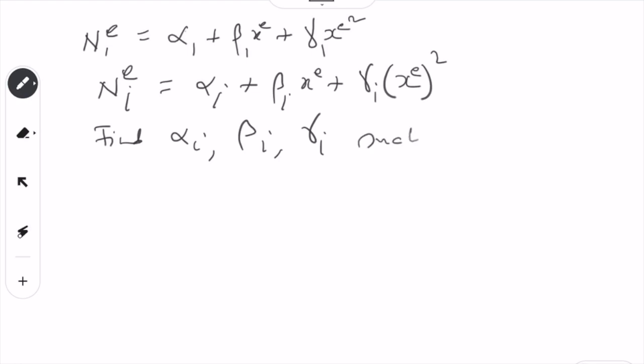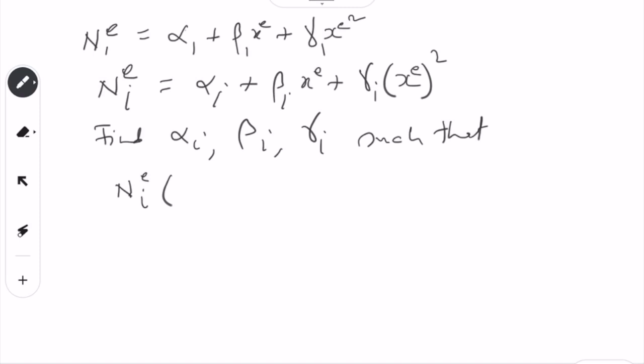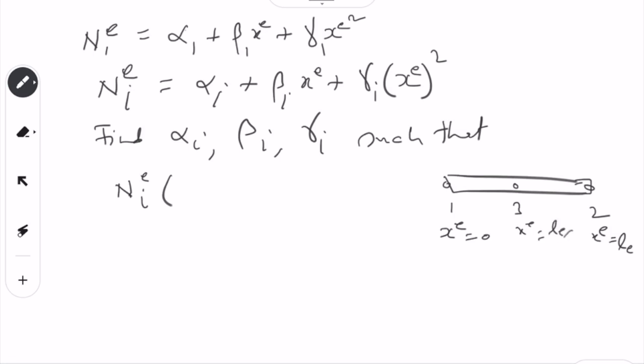We have 3 nodes, node 1, 2, 3, so x e equal to 0 here, x e equal to L e here, and x e equal to L e over 2 here.